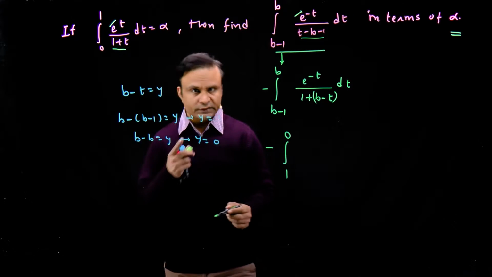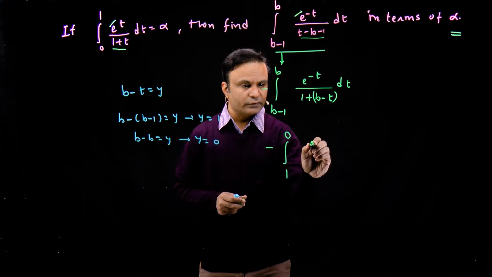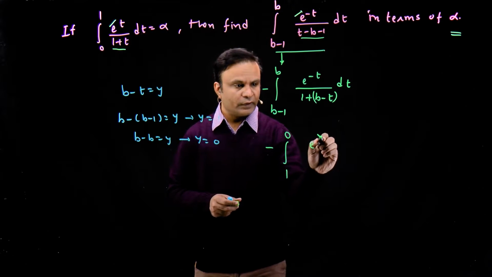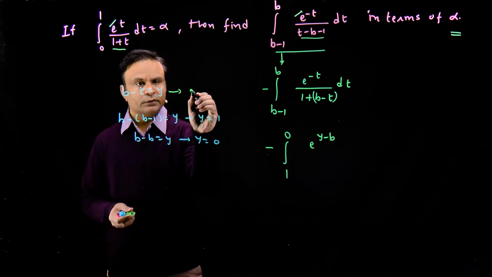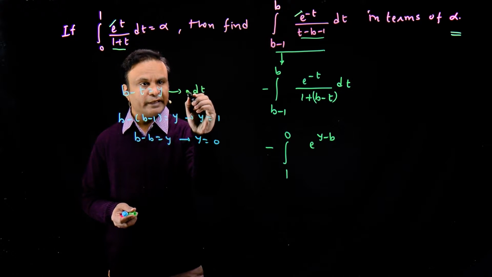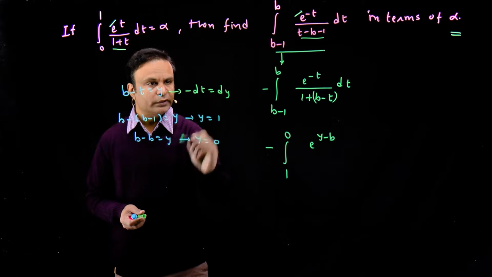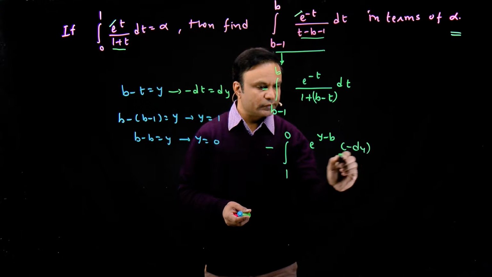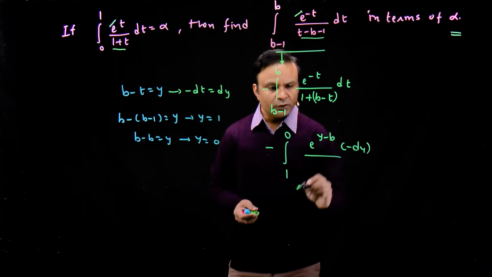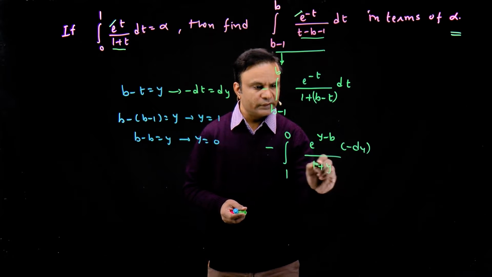Now what is e power minus t? Here minus t is y minus b, so I will put here e power y minus b. Also what is dt? I have minus dt is equal to dy. So I will replace dt by minus dy, upon 1 plus y.